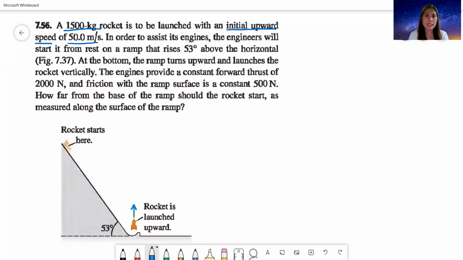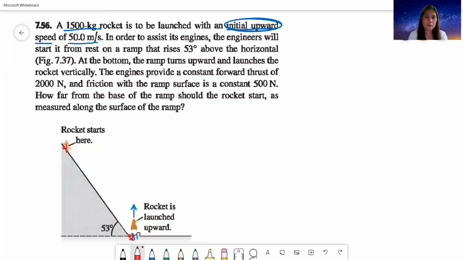No, it is the initial upward speed. So meaning to say, the rocket is launched upward. So this 50 meters per second, this is when it leaves the bottom of the ramp. So if we take the point at the origin of the rocket as point 1, then the bottom of the ramp will take it as point 2.